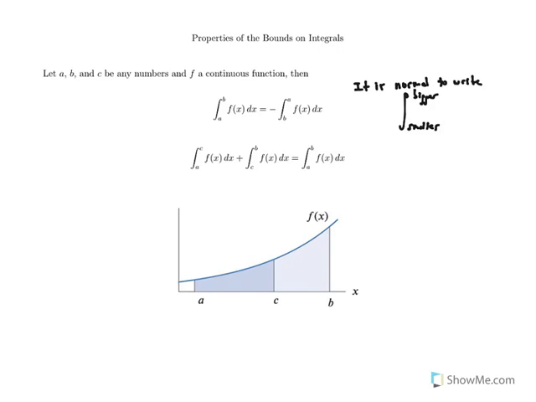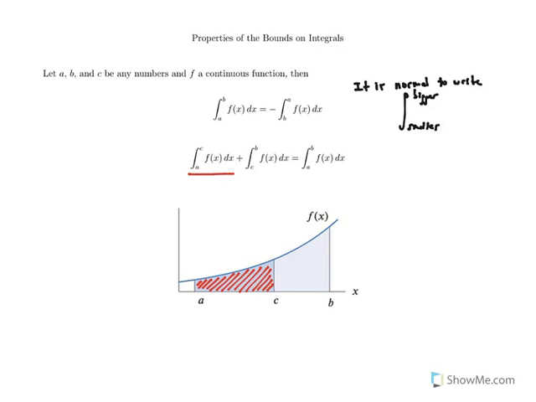The next one is much more useful, and that is if you have the integral from a to c plus the integral from c to b, that's going to be the same thing as the integral from a to b. And I think we can understand this one with a picture. Down here, the integral from a to c is the area under the curve from a to c.